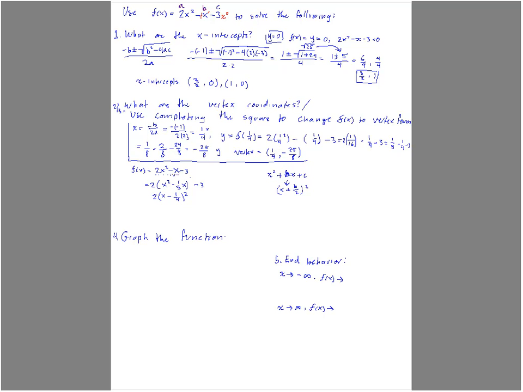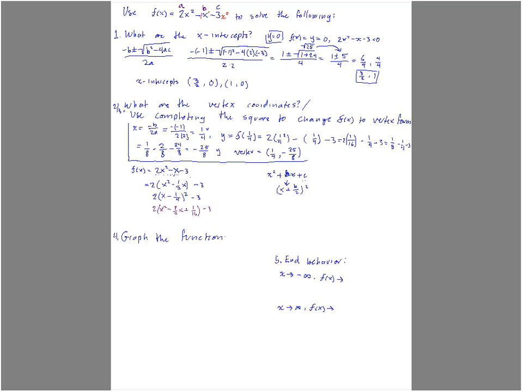Okay, so remember how I said that we're missing the c? Well, we're not actually missing the c. We just haven't accounted for it in this problem, right? So in the function's current state, if you go ahead and FOIL this out, what you're going to end up with is x squared minus 1/2 x plus 1/16, minus 3.